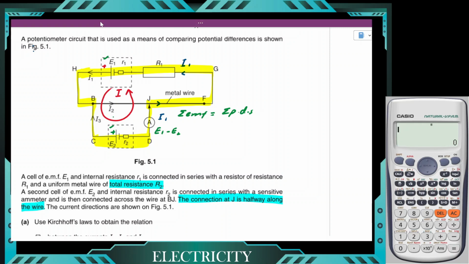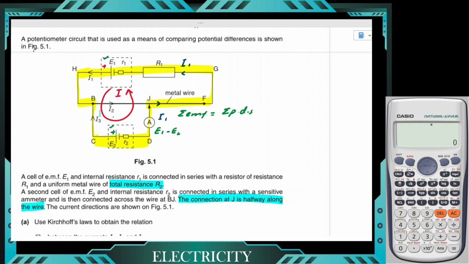So let's see what we have from the PDs. Well, we'll have one PD over here across this resistor, then across this resistor, then across this resistor, and then across this one. So 1, 2, 3, 4. There'd be 4 PDs. And let us start off with the first one. If we start walking from this side, then the first one that we encounter would be through R2.